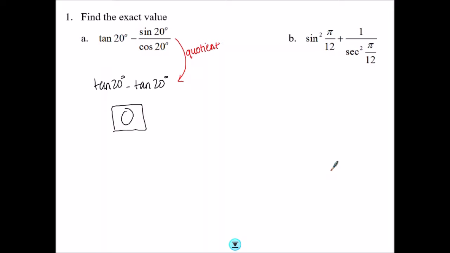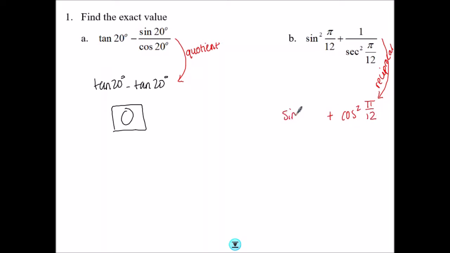Next, we have sine squared of pi over 12 plus 1 over secant squared of pi over 12. Well, by using the reciprocal, we know that 1 over secant squared of pi over 12 is cosine squared of pi over 12.